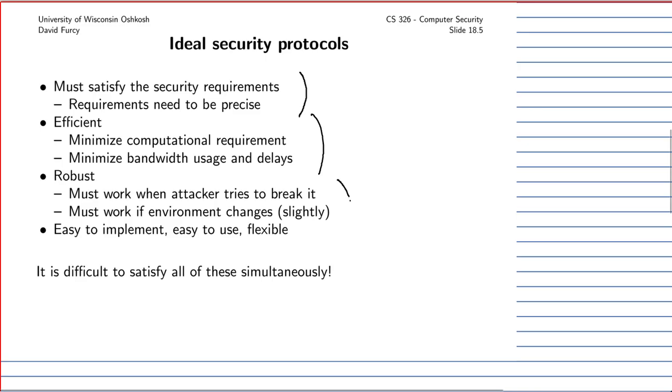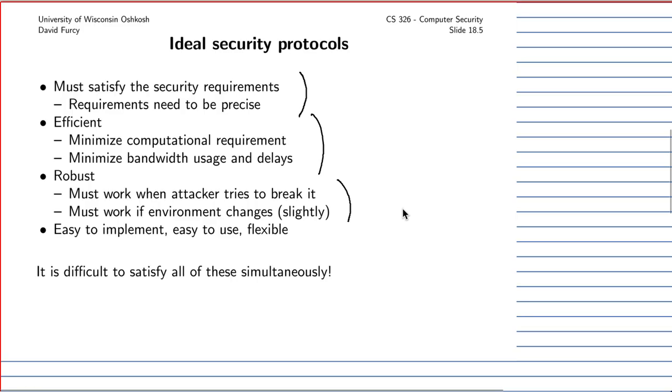This is very important because security systems are designed based on a threat model, and the assumptions that the designers made about the capabilities of the attacker are never completely correct. So we want to make sure the system is still secure even when those assumptions are slightly off.